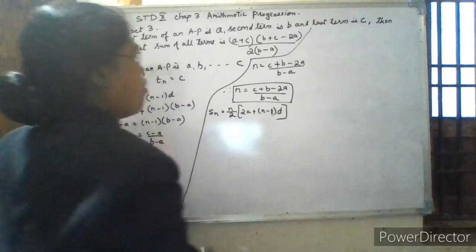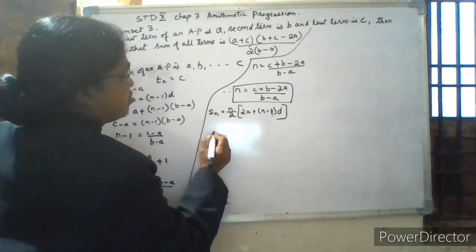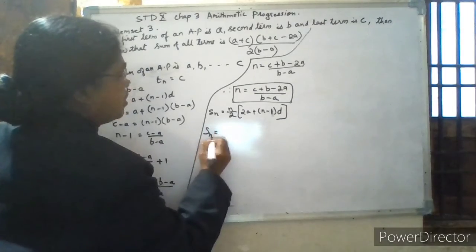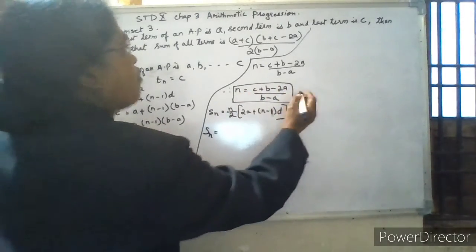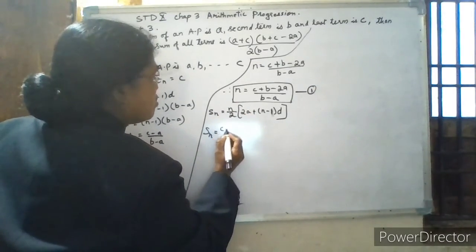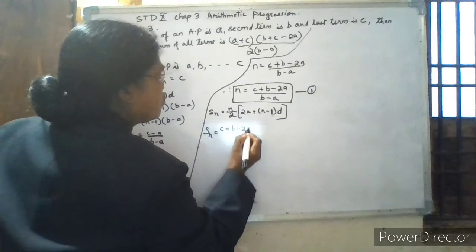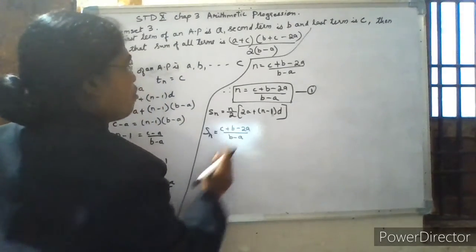In this form. So the sum of n terms is equal to n, and the n value we have got in this form, take it as equation 1. So n is C plus B minus 2A upon B minus A.